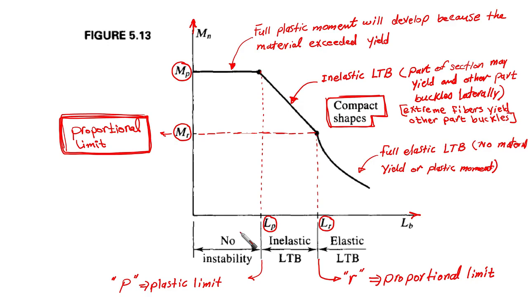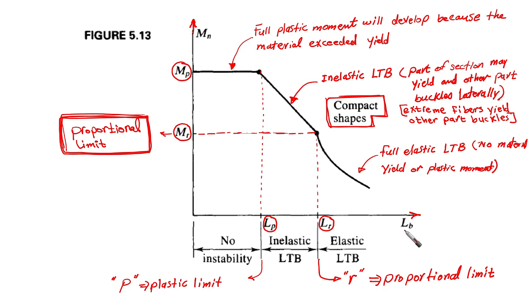The point is we are going to categorize the shapes, or the failure modes, based on the unbraced length. So we're going to put LB on the horizontal axis, which is the unbraced length. And you understand now the meaning of unbraced length.